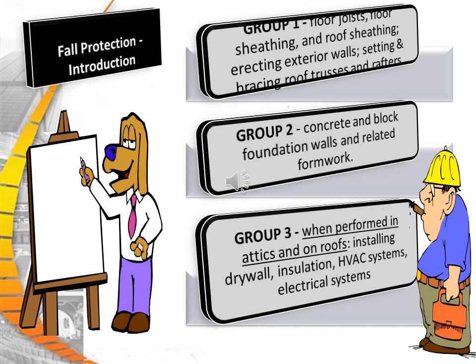Alright, let's discuss the different types of groups for fall protection. Group 1 is the floor joist or floor sheathing or roof sheathing, erecting an exterior wall or setting bracing, roof trusses, and rafters. Group 2 would be concrete and block foundation walls and related formwork. Group 3, when performed in attics or on roofs, is installing drywall, insulation, HVAC systems, and electrical systems.